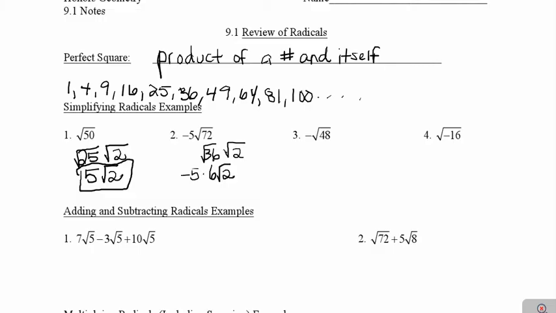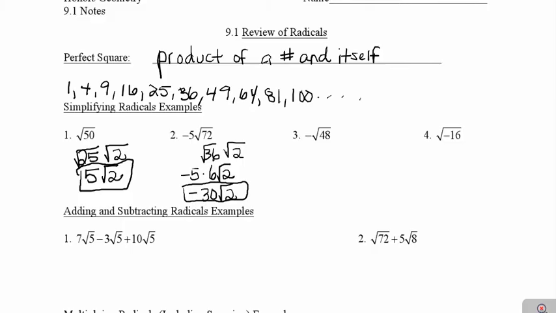Now I bring down the negative 5, and you always multiply the perfect square number that came out by whatever number was already in front. So negative 5 times 6 gives you negative 30 square root 2. That's the final answer when I simplify negative 5 square root 72.